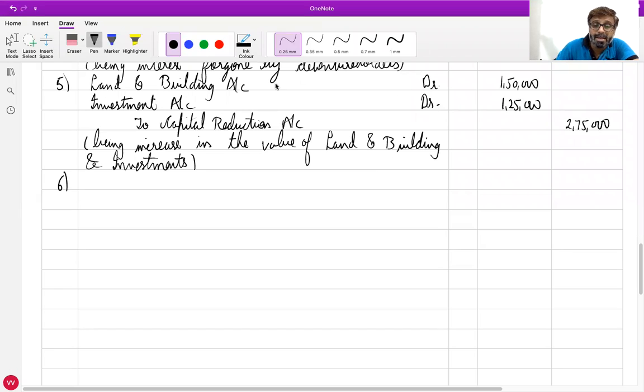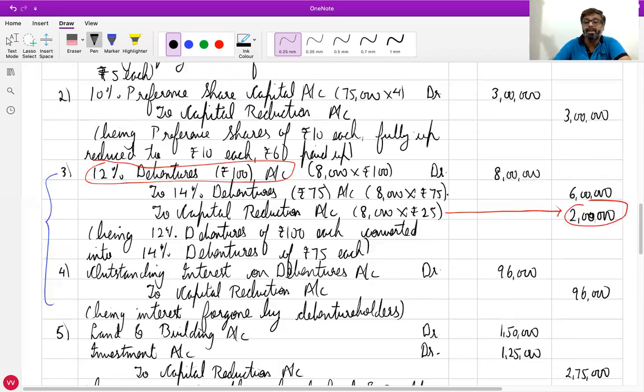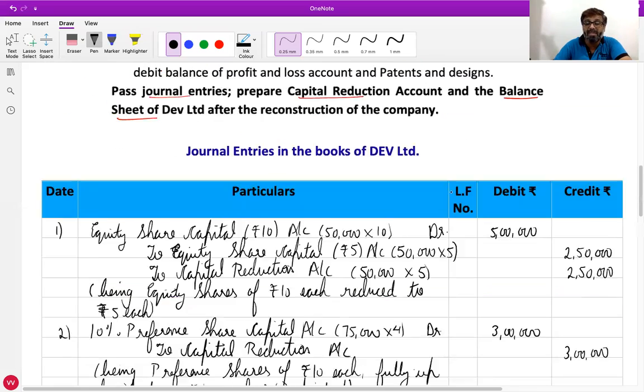Reconstruction expenses are expenses, debit all expenses and losses. So capital reduction account debit. Capital reduction we are now using to pay the money. We are not having any profit. Now it's an expense, it's a loss. So capital reduction account debit for reconstruction expenses, amount 25,000.